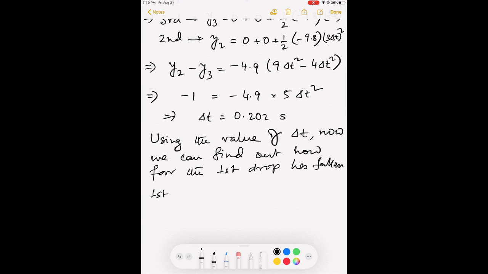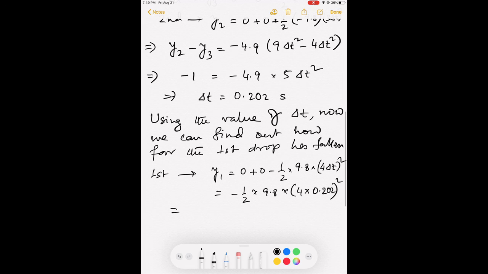So for the first drop, you can write y1 equals 0 plus 0 minus half, again 9.8, the negative sign is taken care of here, times 4 delta t squared, and this will just be 4.9 times 4 times 0.202 squared.